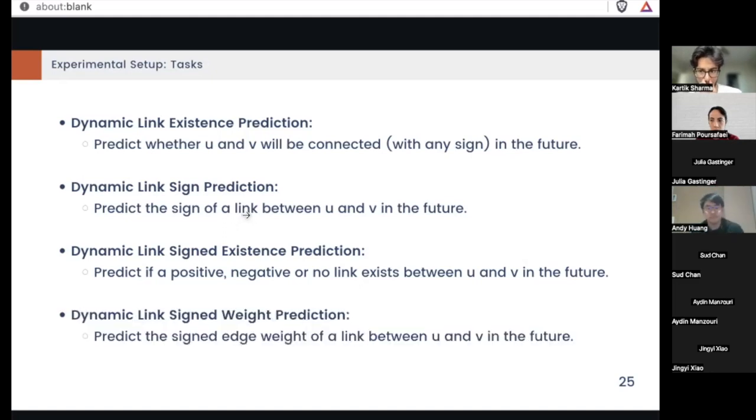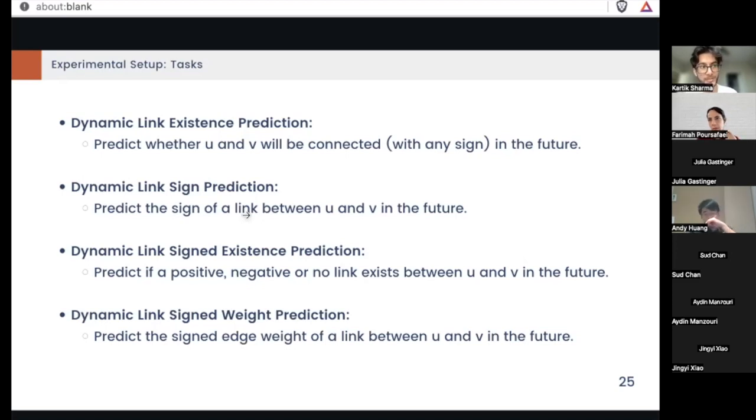The last task that we consider is a regression task, where we predict the signed edge weight of the link. And this is what was asked earlier as well, like what would be the gradient of this relationship from -10 to, let's say, +10, where 0 would also be included, actually.